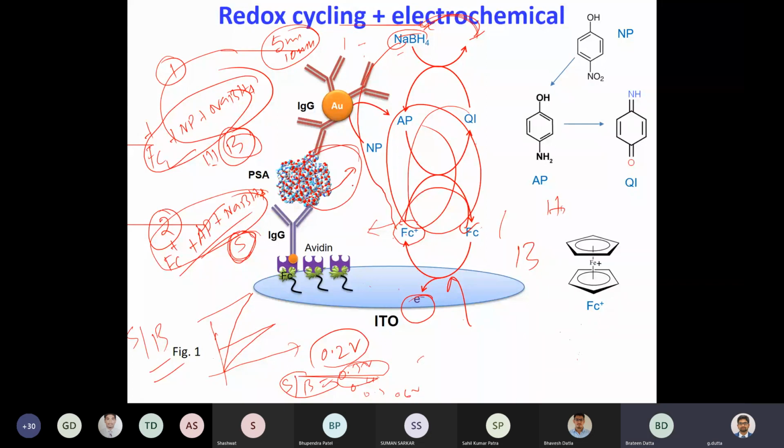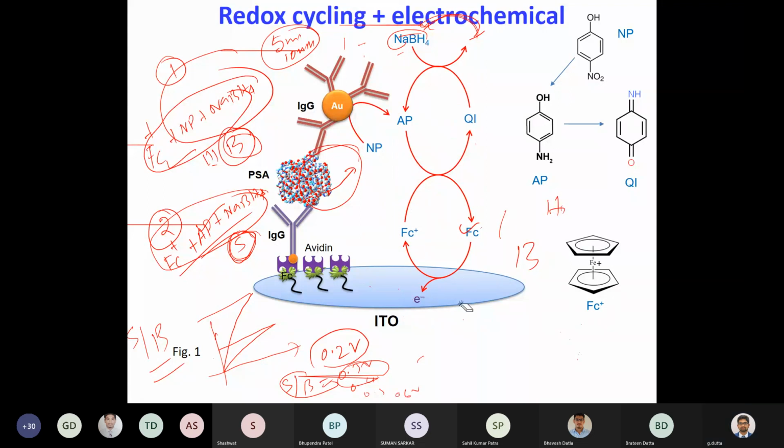Then you will get a high background. So this reaction should be minimized and slow. You have to choose a chemical such that this one and this one react slowly. Okay, sir. Clear? Yes, sir.